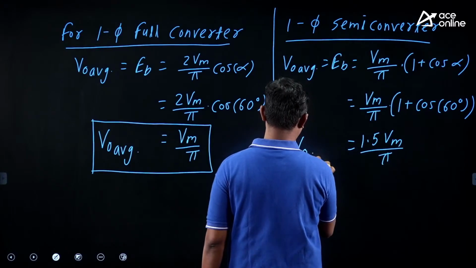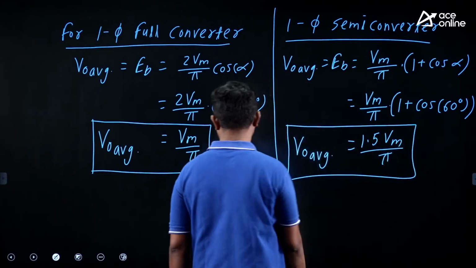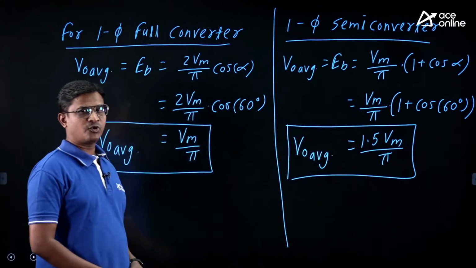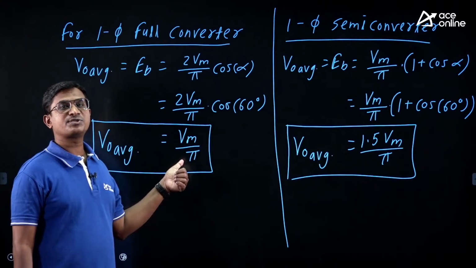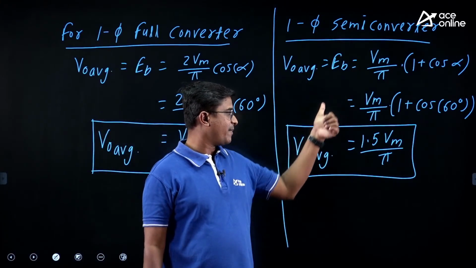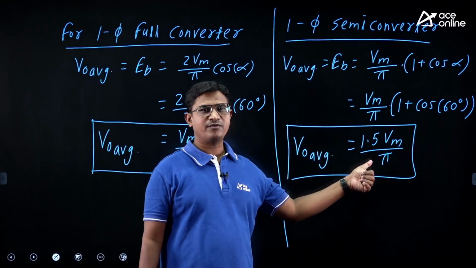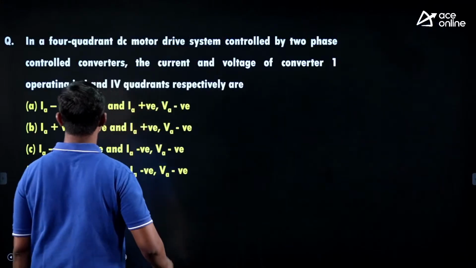Now tell me, when the input to the motor, that is the back EMF, is Vm by pi, then the motor speed is 1000. If the motor input, that is the back EMF, is equal to 1.5 Vm by pi, then what is the speed of the motor?